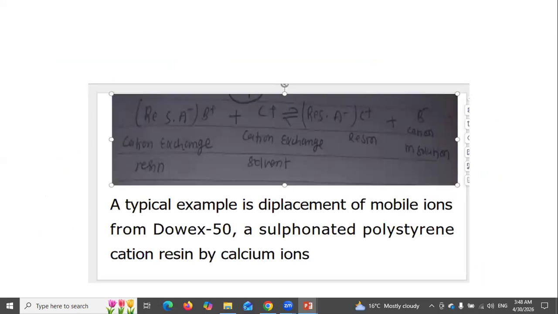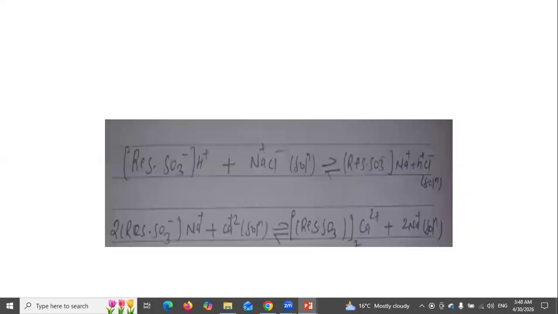Cation exchange resin. A typical example is displacement of mobile ions from a Dowex 50 sulfonated polystyrene cation resin by calcium ions.